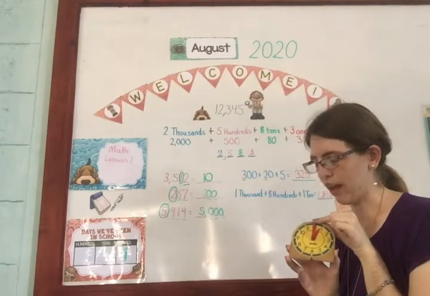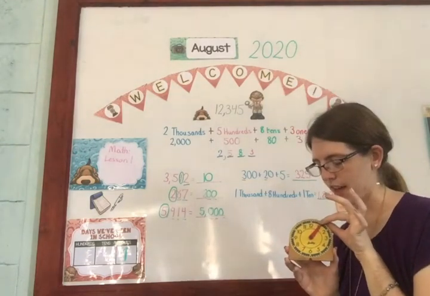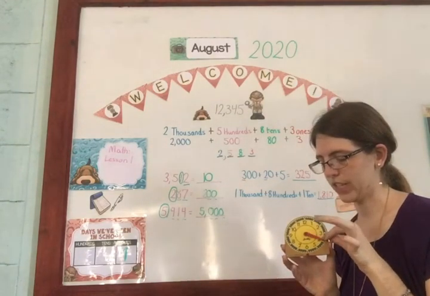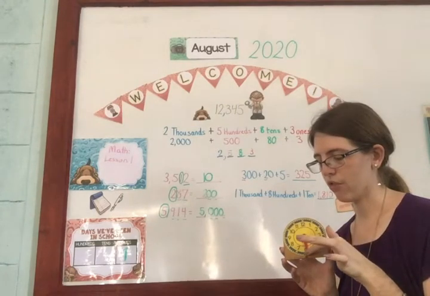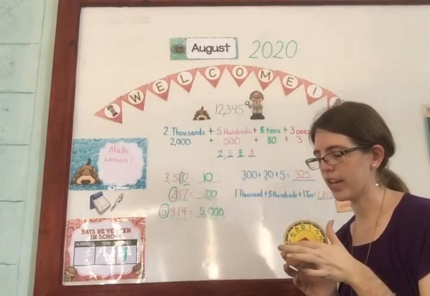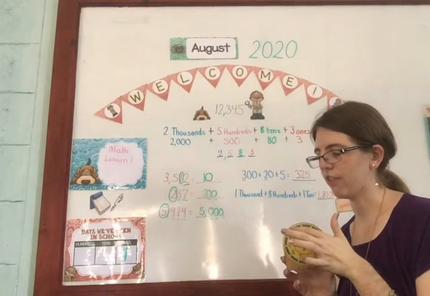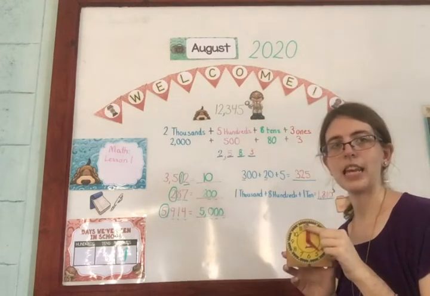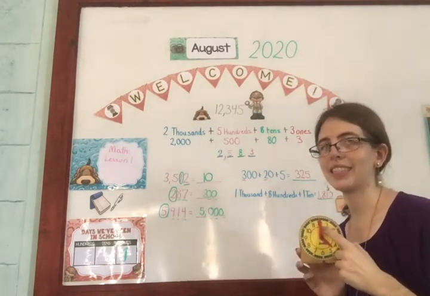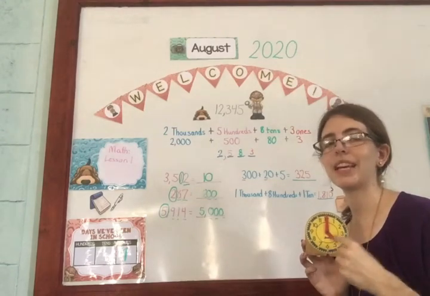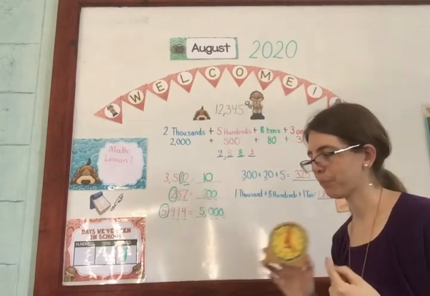So 12 is 0 minutes, 5, 10, 15, 20, 25, 30, 35, 40, 45, 50, 55, 60 minutes. But we never say 60 because we start over again at 0 because it's a new hour.